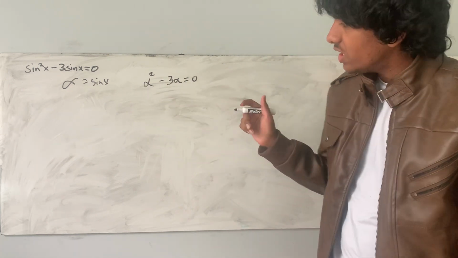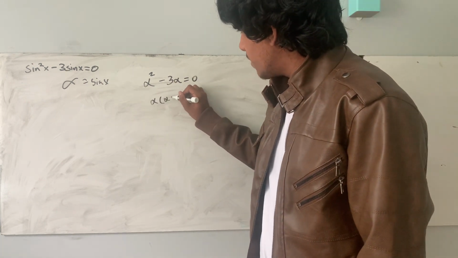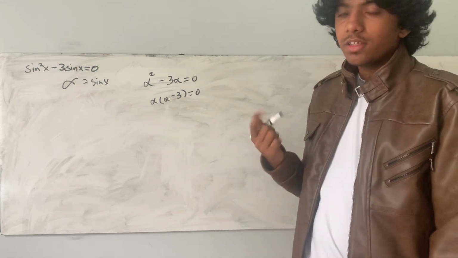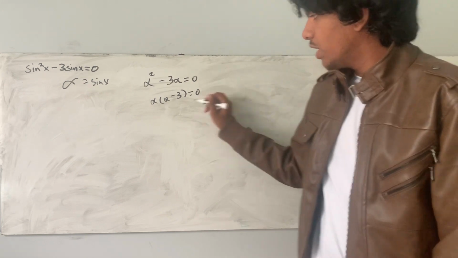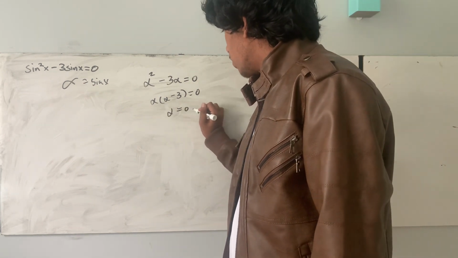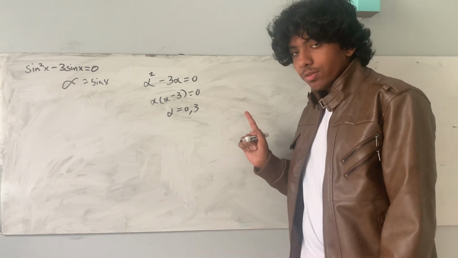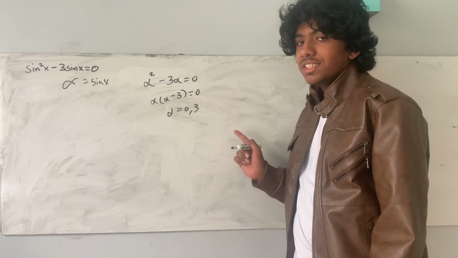Let's solve this quadratic. Factor out alpha. Alpha times alpha minus 3 equals 0. And then one has to equal 0 or the other one has to equal 0. So alpha has to equal 0 or alpha has to equal 3. Now be very careful. Remember, we're trying to solve for x which has sine.